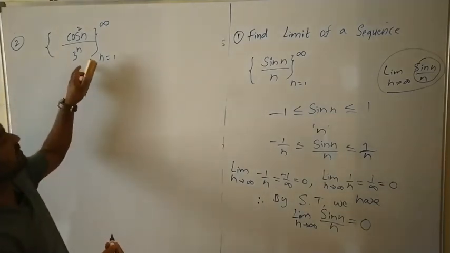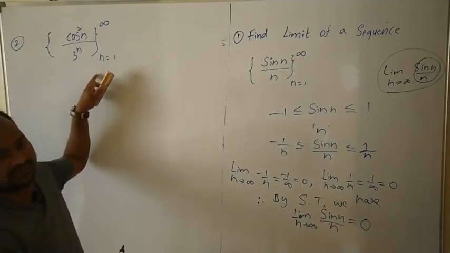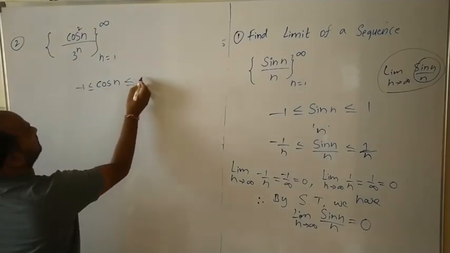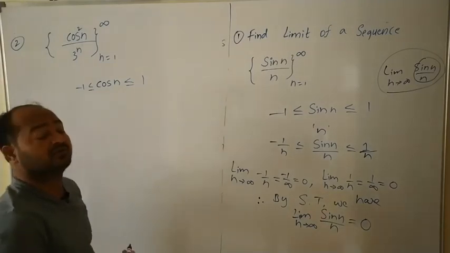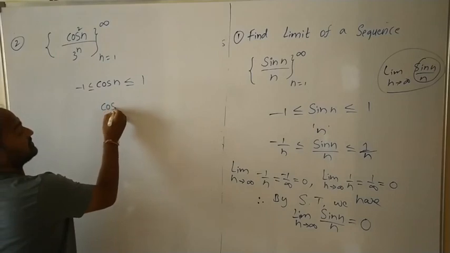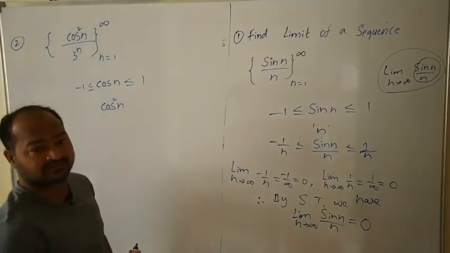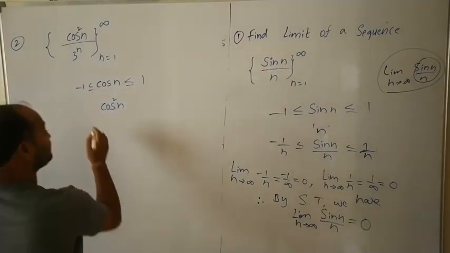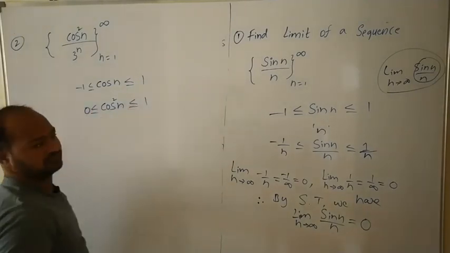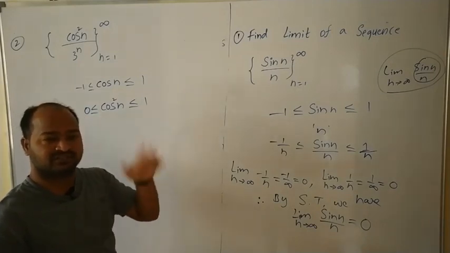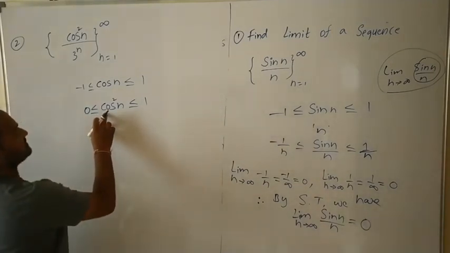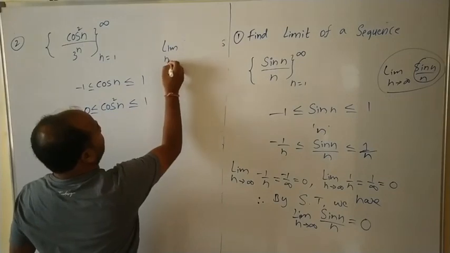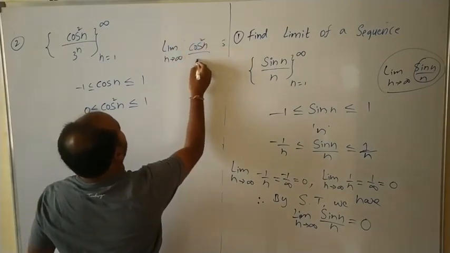So now we want to find the limit as n tends to infinity of cos²(n)/3ⁿ.